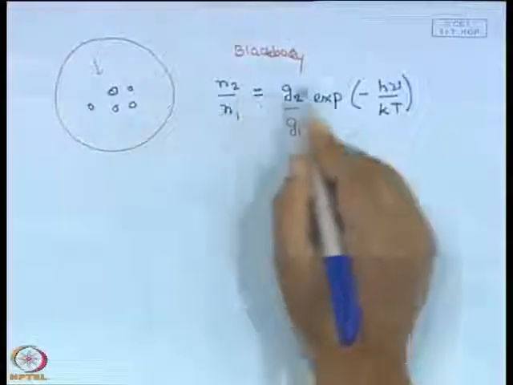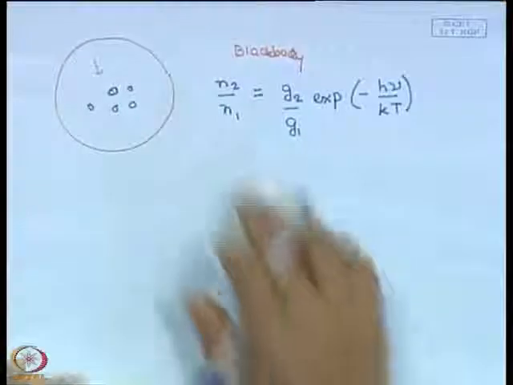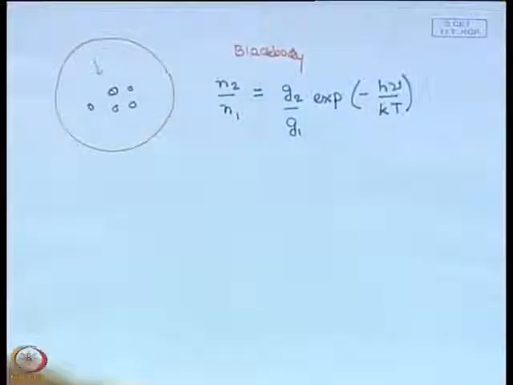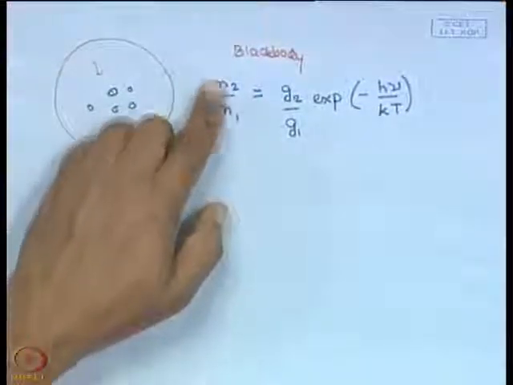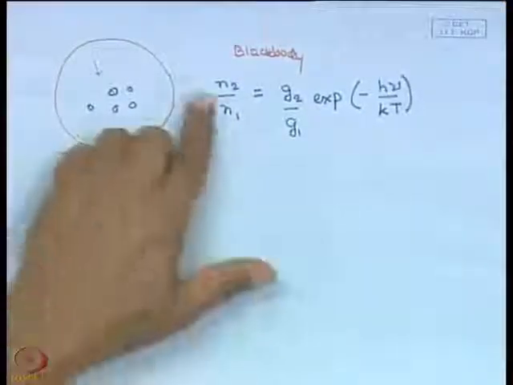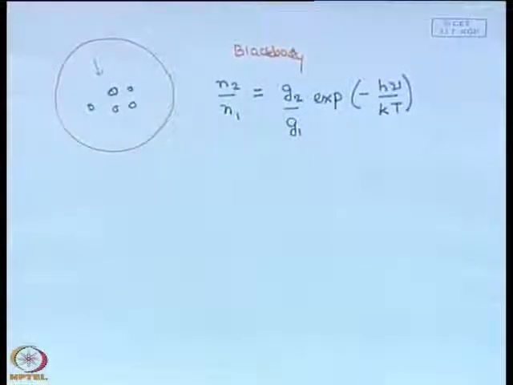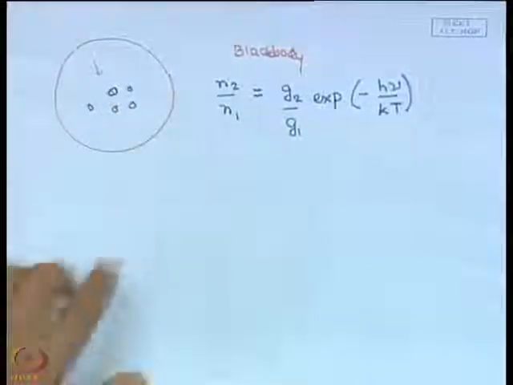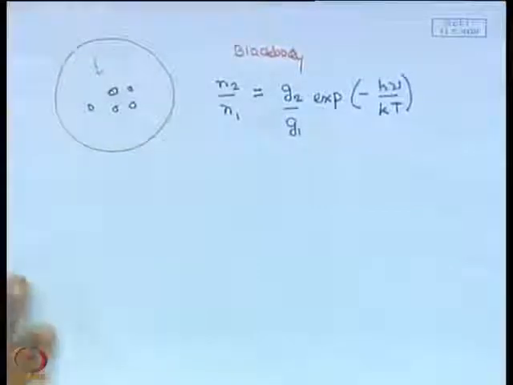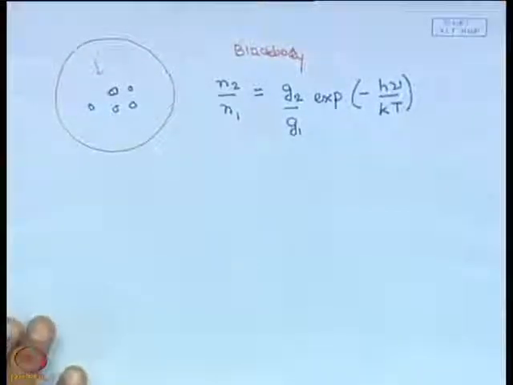So, this gives me the ratio of the number densities in these two states. Now, in equilibrium, we know that this ratio should be given by this. Further, in equilibrium, we also expect that the rate at which the absorption takes place should also be equal to the rate at which the emission takes place.